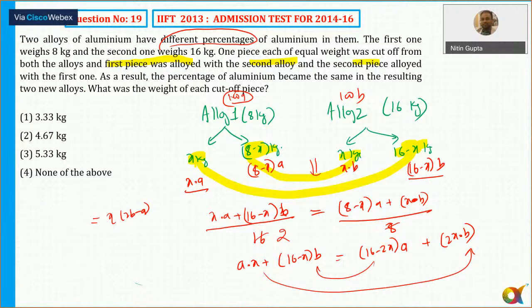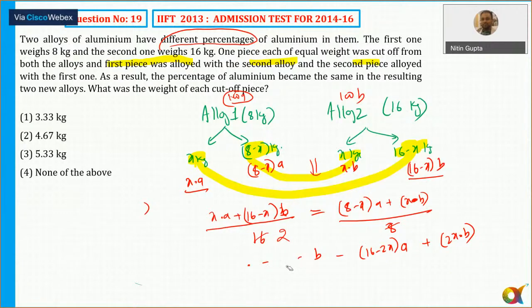Just a minute. Maybe some calculation mistake we are doing. Total volume is, that's right.